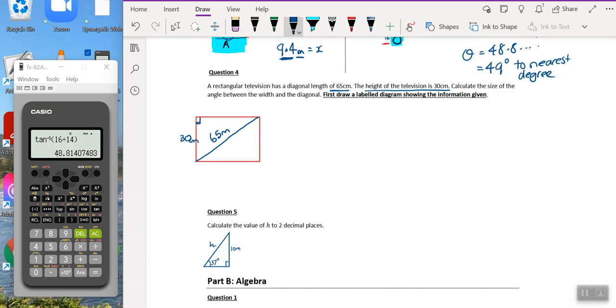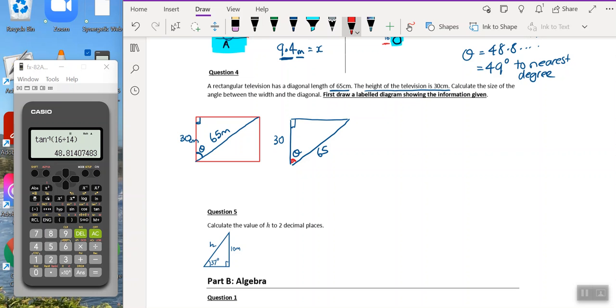And they're asking us to find the size of the angle between the width and the diagonal. So we're asked to find this angle in here. I'm going to call it theta. So now we've got a triangle that's a right angled triangle. This is 30. This is 65, and this is the angle we want to find. So let's label our sides.